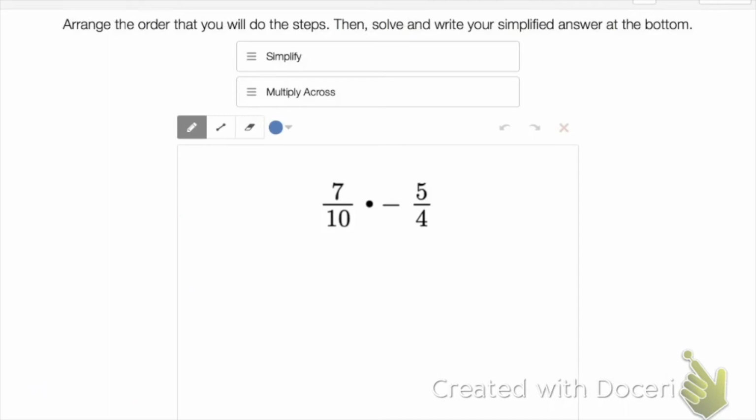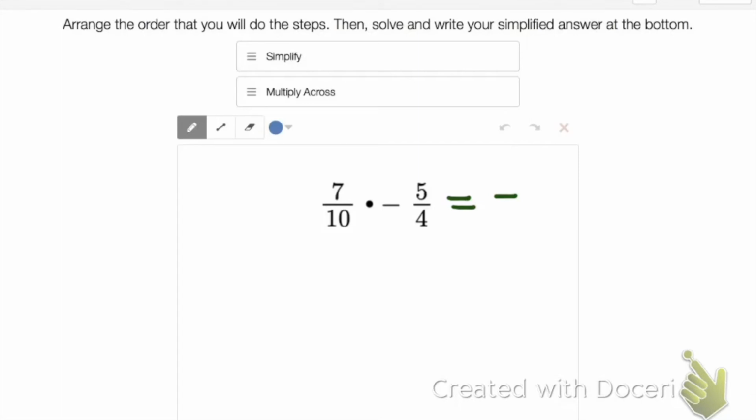So for this problem, what I want to do is simplify first and then multiply across. So let's do it. 7 over 10 multiplied by negative 5 over 4. The answer will be negative, because positive times negative is negative.